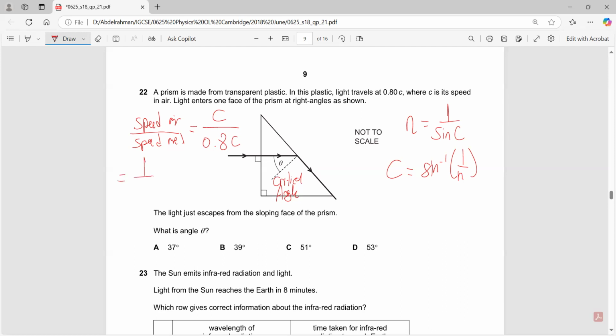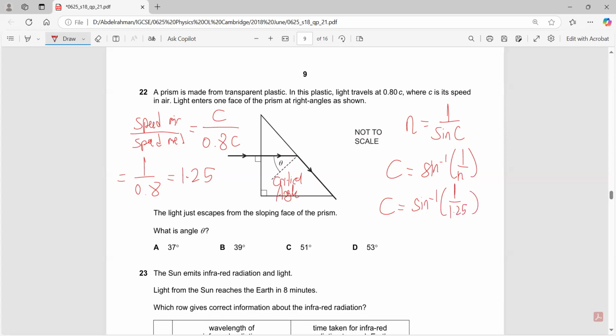So this would give you 1 over 0.8. If you calculate this, it would be 1.25, which is the refractive index. So C is sin inverse of 1 over 1.25.